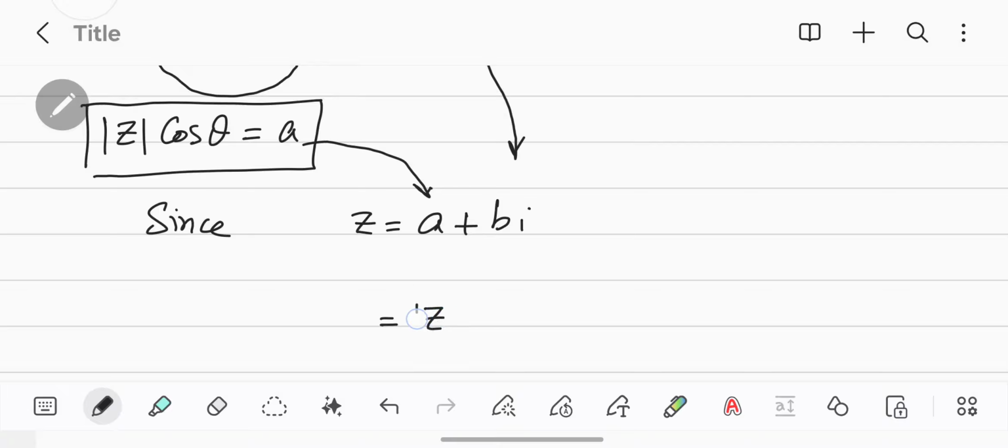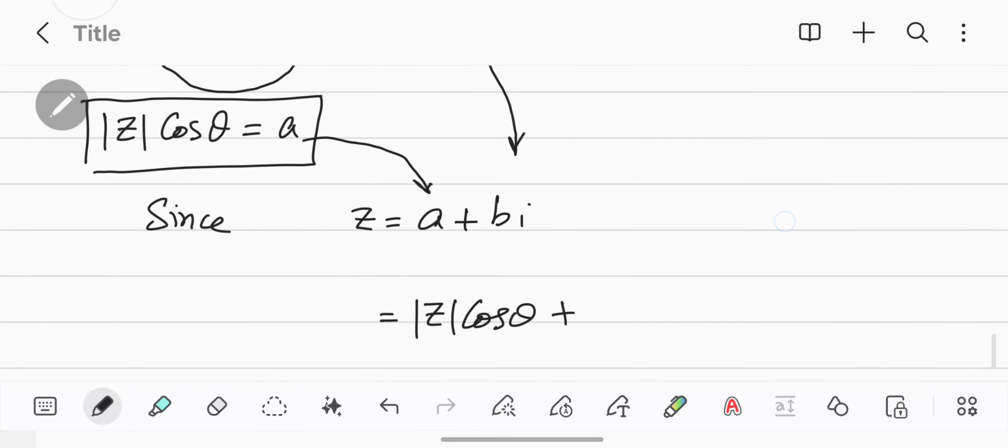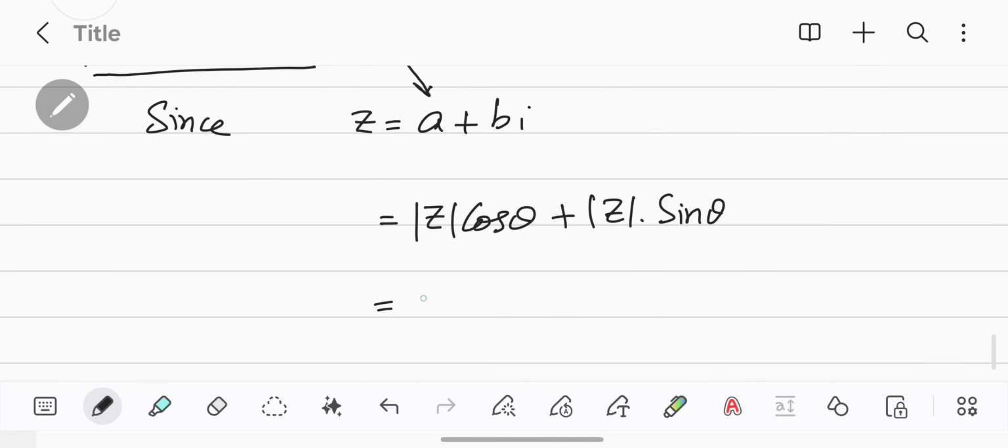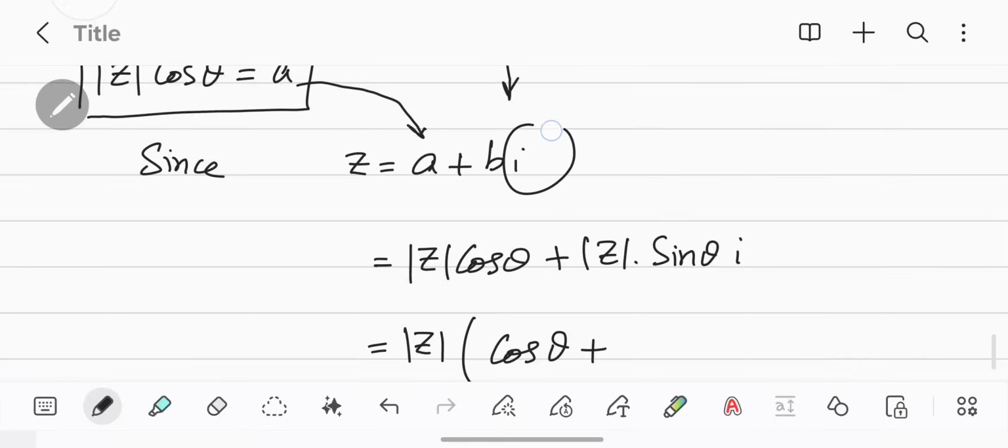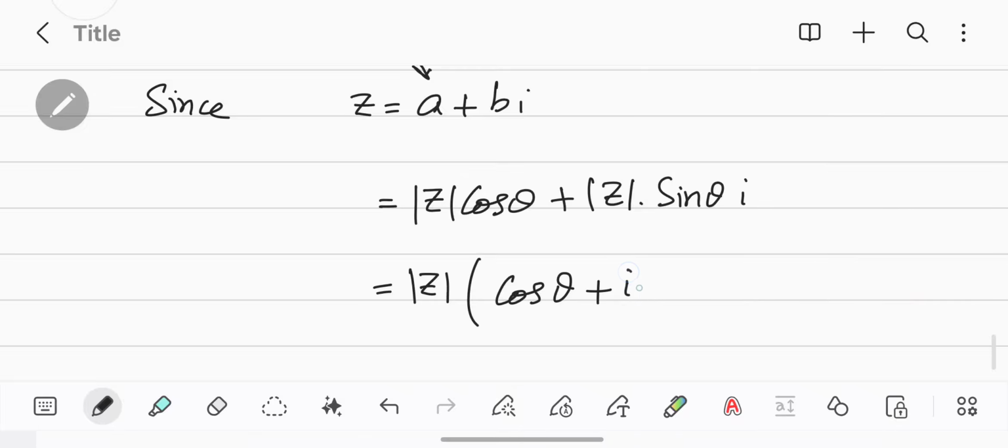Mod of Z cosine of theta, because A equals mod of Z cosine of theta, plus B equals mod of Z sine of theta. I can take common mod of Z from both of them. I will have cosine theta plus, here I have iota also because I forgot iota when I was copying, plus iota times sine theta.